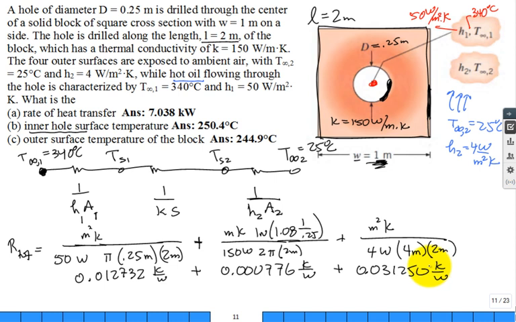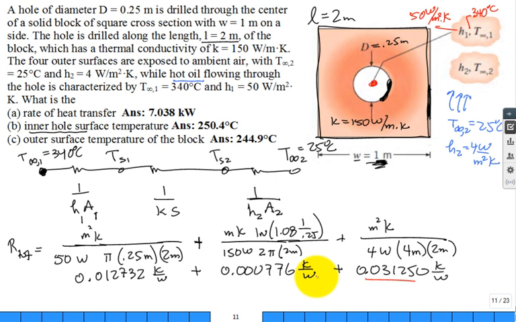But if you take a look, which one dominates the resistance? The largest resistor is right here, the convection on the outside. It has a low h and a large area, but it's the low h that does it in. You can go back and quantify what percent of the resistance is due to the convection on the outside versus the conduction through the solid versus convection on the inside.